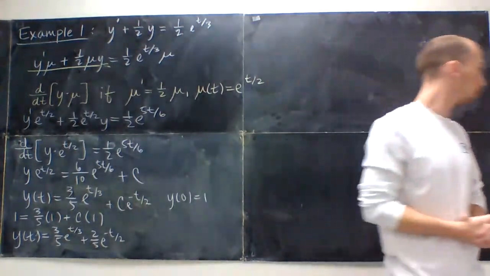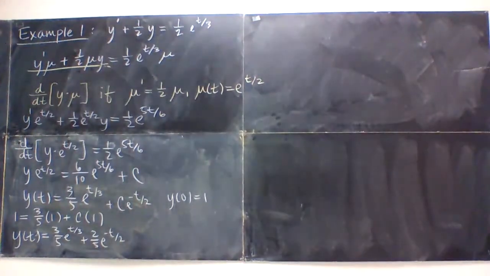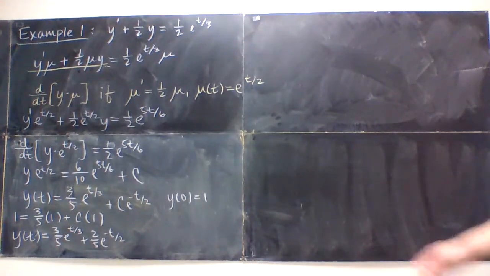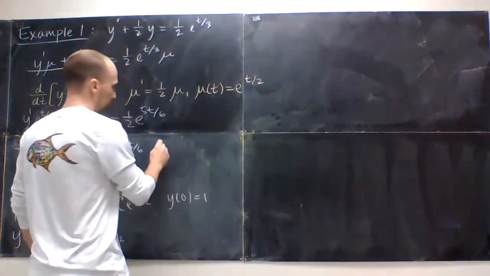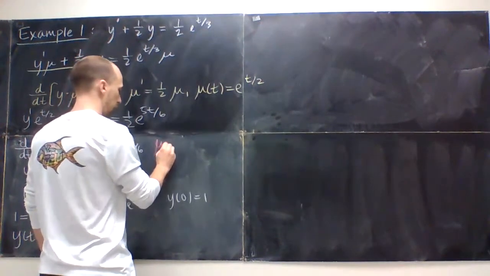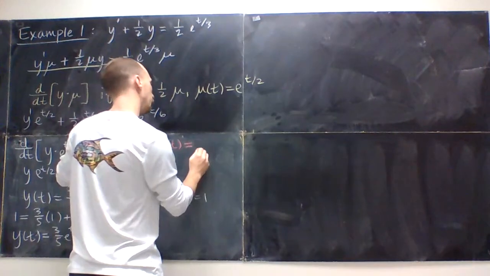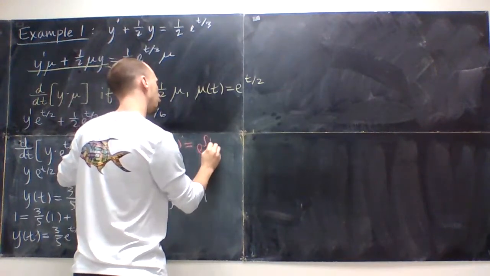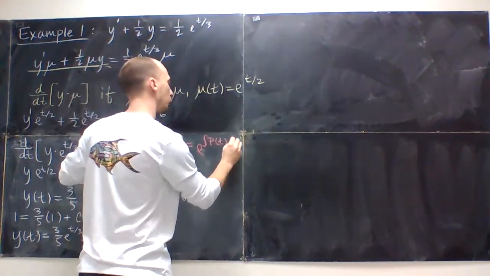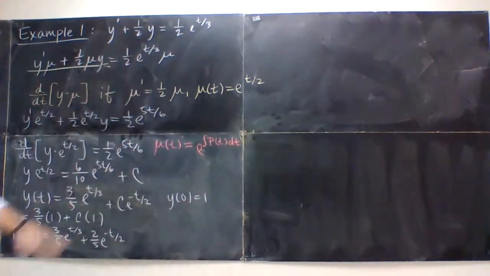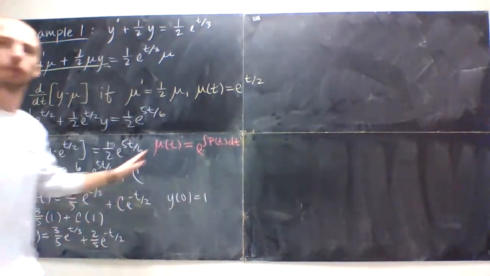And in general, we're going to see that happen on each of these integrating factor problems. That in general, we can say, let's get a different color of chalk, that mu of t is going to be e to the antiderivative of p of t with respect to t. Okay, that's how this is going to go.